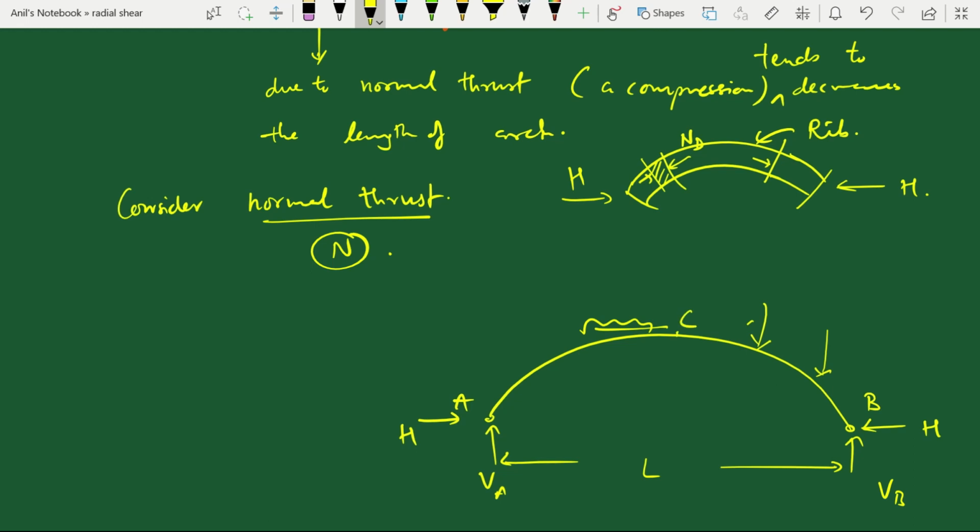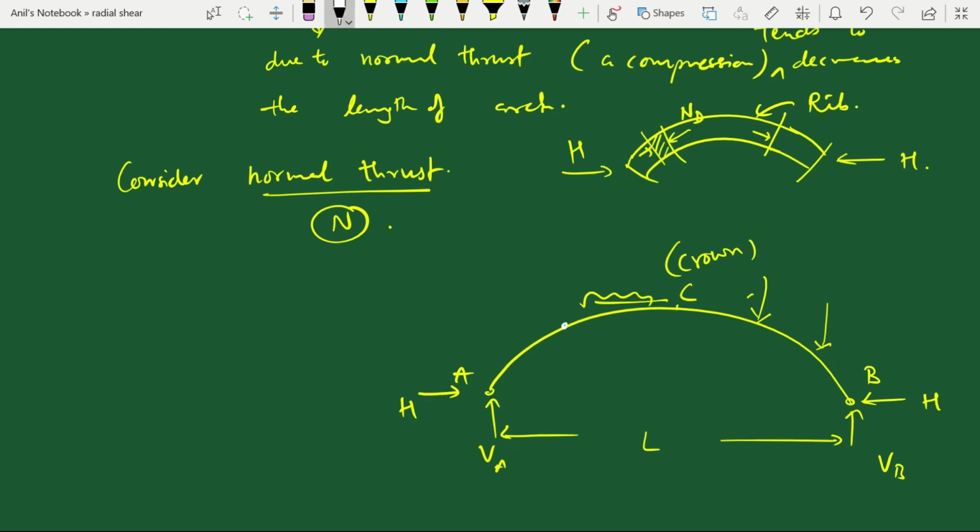C is crown, which is the topmost point of the arch. Consider a point somewhere on the arch, that is a point X, whose coordinates are x and y related to point A, which is treated as origin. We have x-axis, then y-axis, running like this.